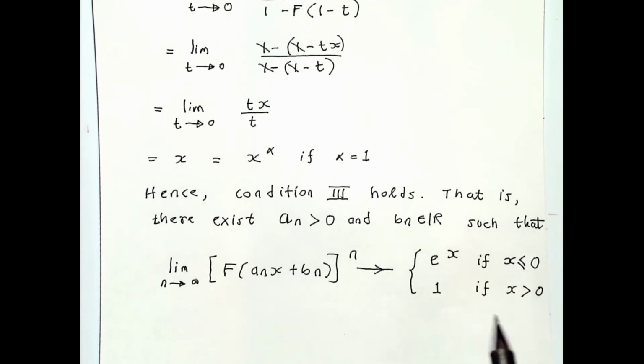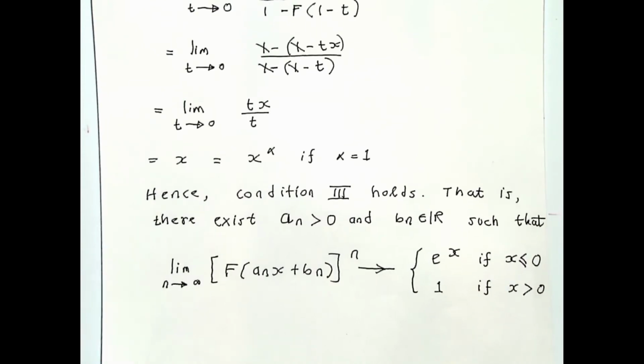So this is the viable limit when alpha is equal to 1. Okay, so this completes question 9.